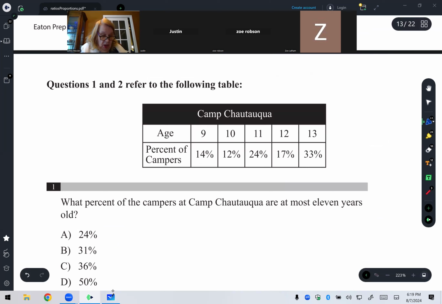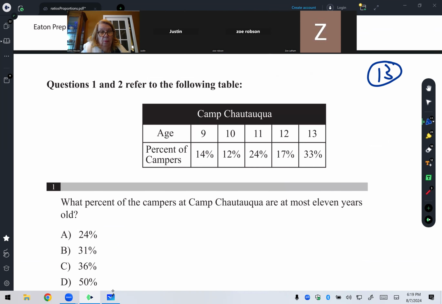I'm on this page. It's page 13 already. So what percent of the campers at Camp Chautauqua are at most, and that's what I want you to focus on, 11 years old? So it could be 11 and everything lower, right?